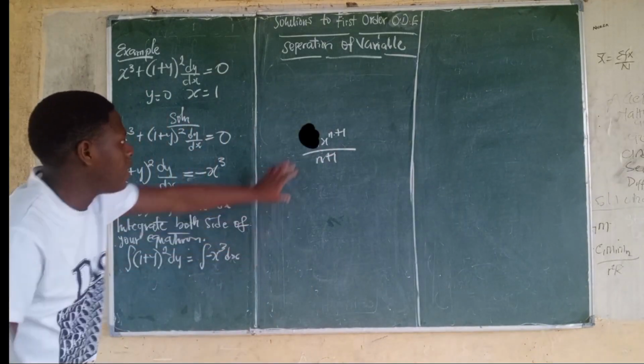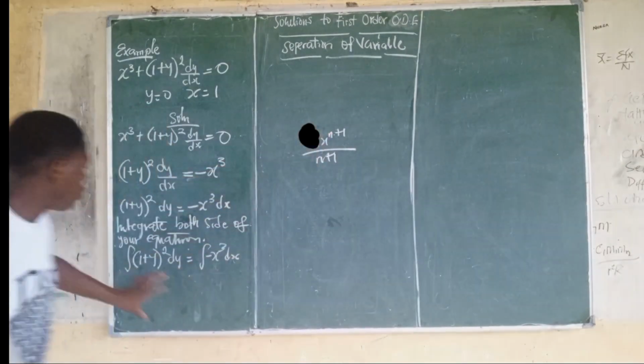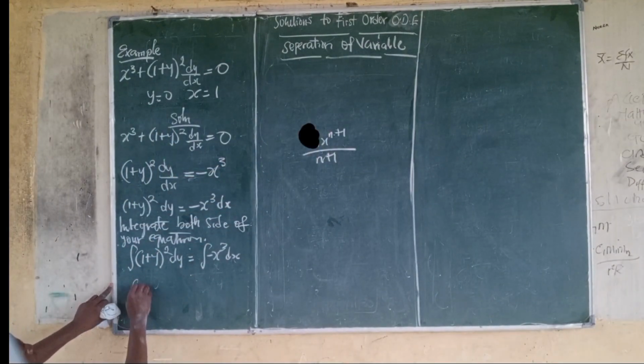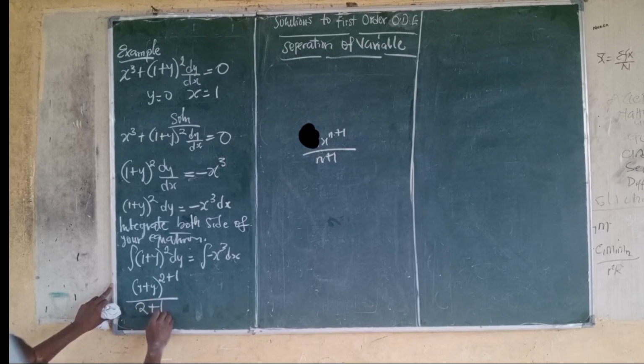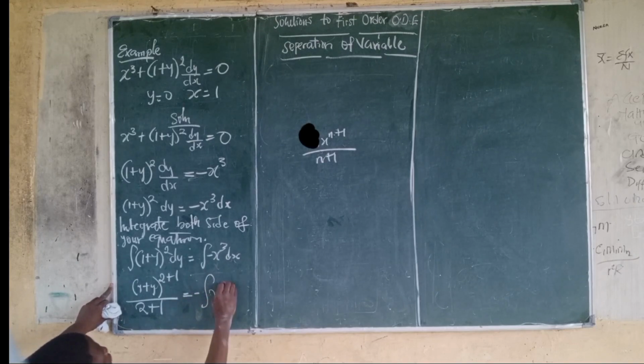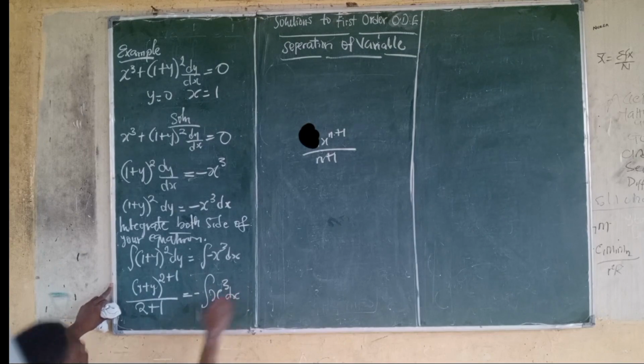Now, if we apply this concept to what we have here, this is equal to (1 plus y) raised to the power of 2 plus 1 over 2 plus 1, and this is equal to, bringing out the minus sign, minus the integral of x raised to the power of 3 dx.